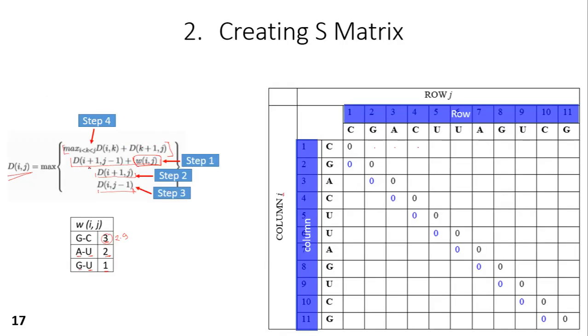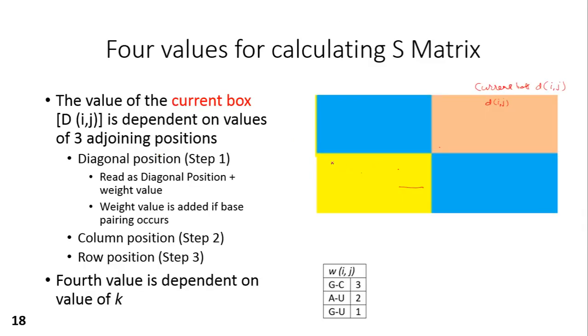In simpler words, whatever value is present in your previous diagonal box, you add a certain weight as provided by this scoring if base pairing occurs at your Dij position, that is, in your current box.